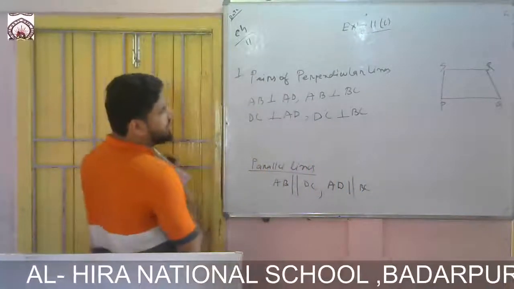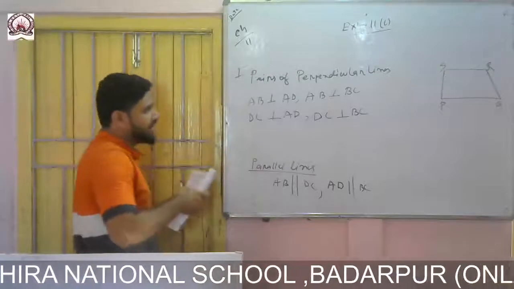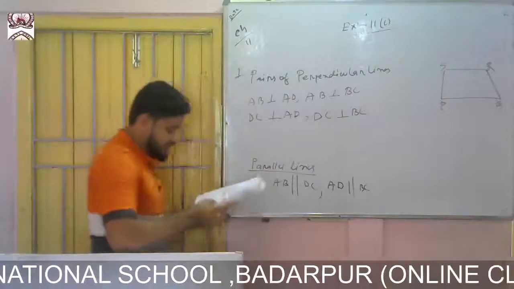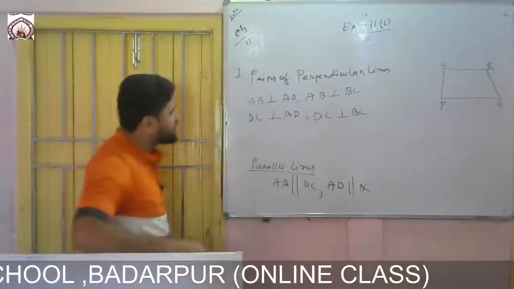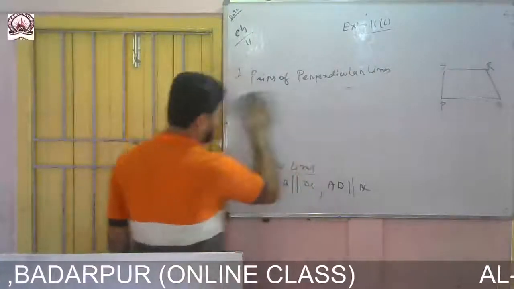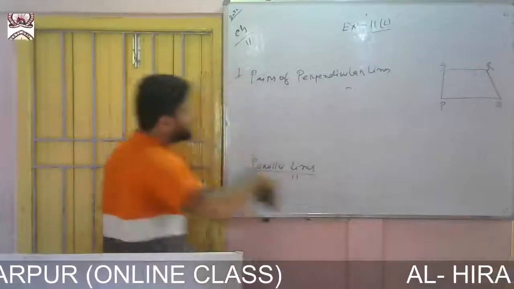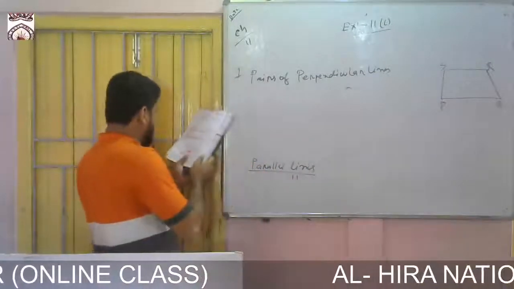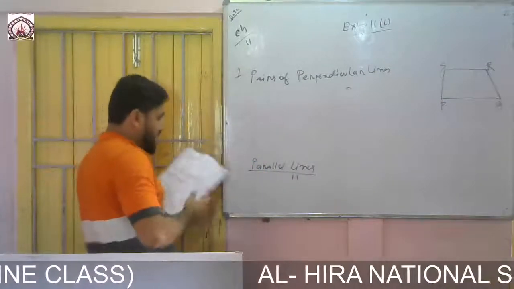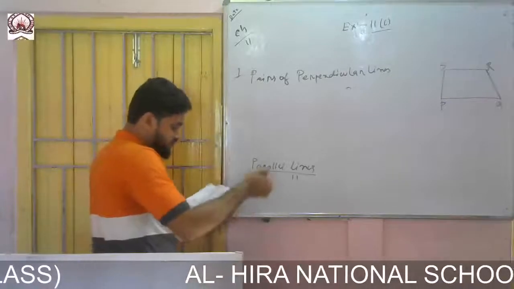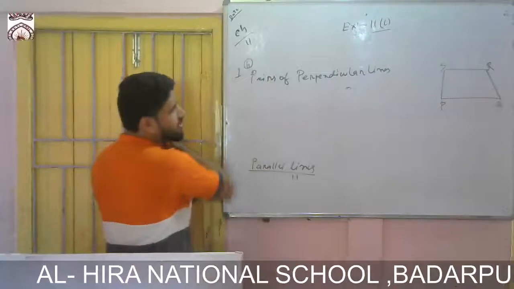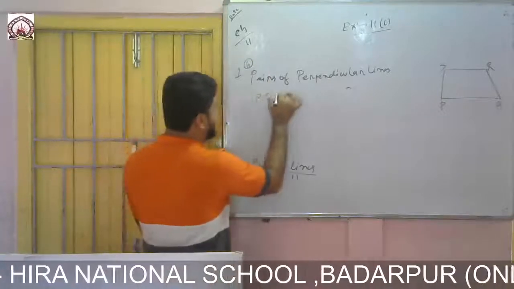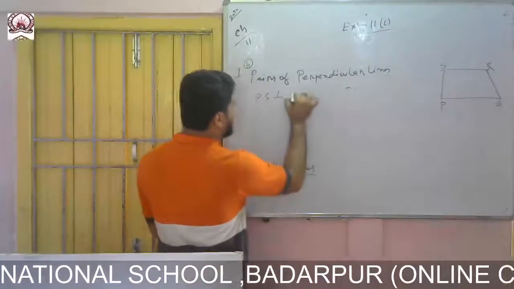PQ is perpendicular to PS, one line I can write. Or PS is perpendicular to PQ. So write this as 1, 2. I can write PS perpendicular to PQ.